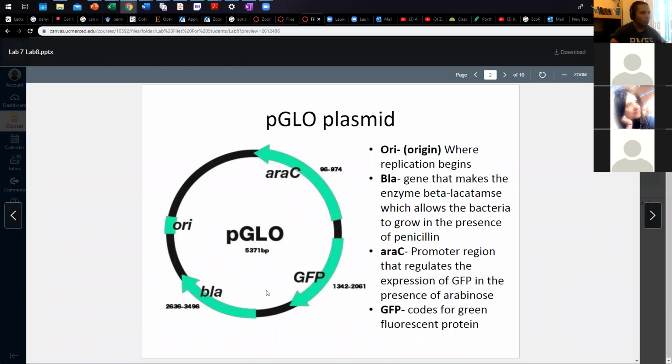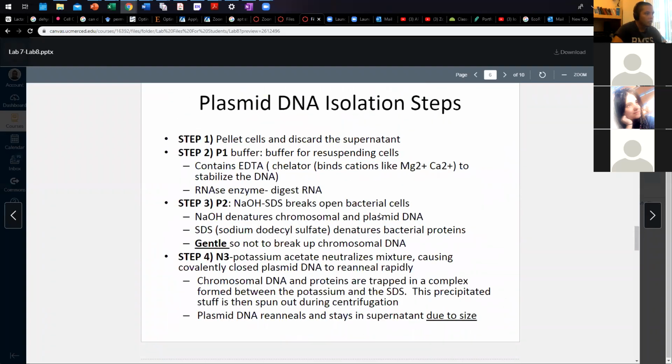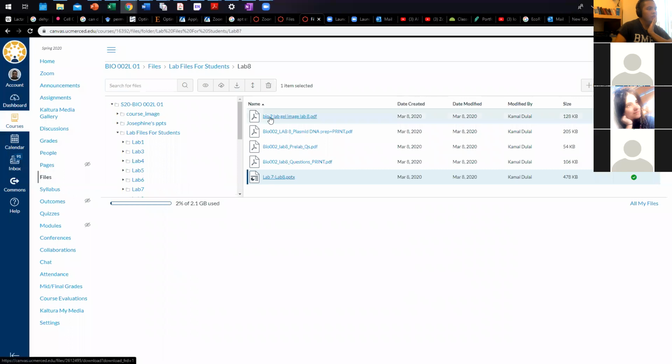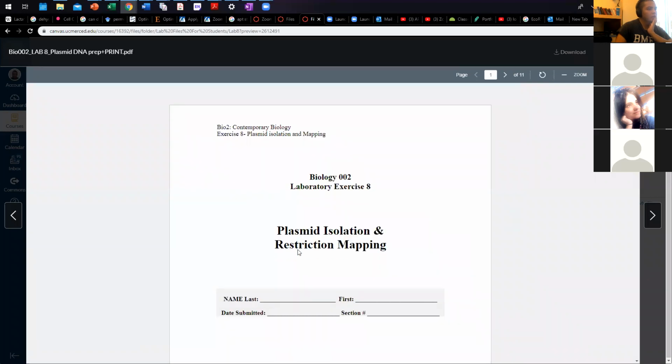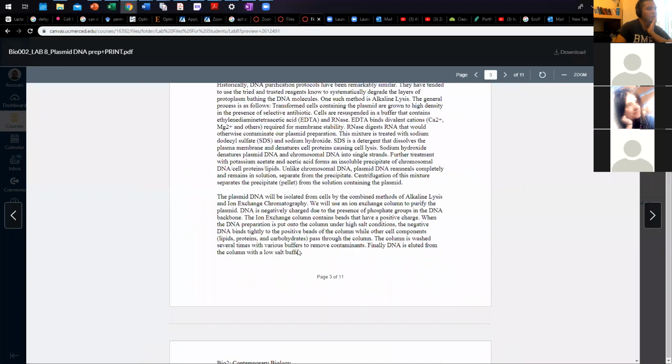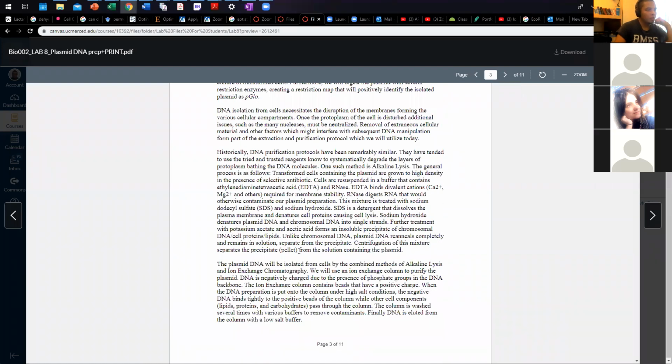I'll go through exactly what they did to purify this. They use different chemicals. The intro to lab 8 explains it a little nicer, a more coherent explanation than just looking at bullet points.